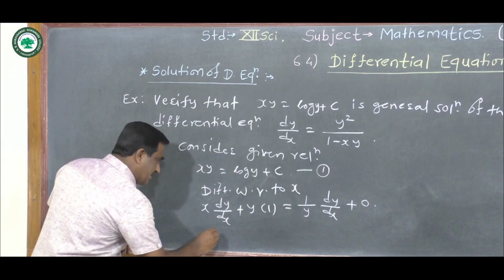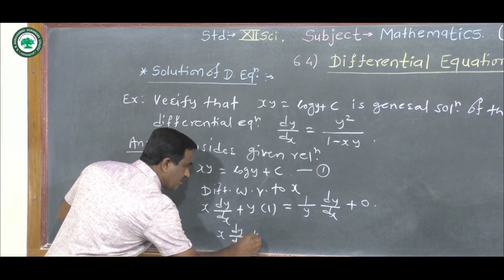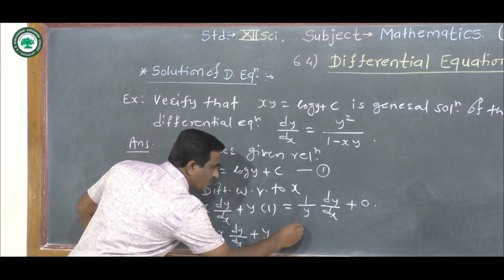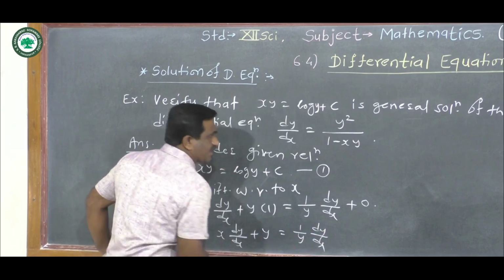That is, we can write x into dy by dx plus y is equal to 1 upon y into dy by dx.